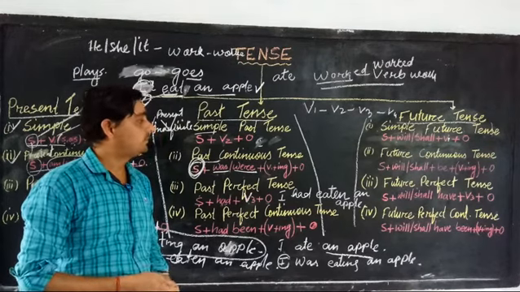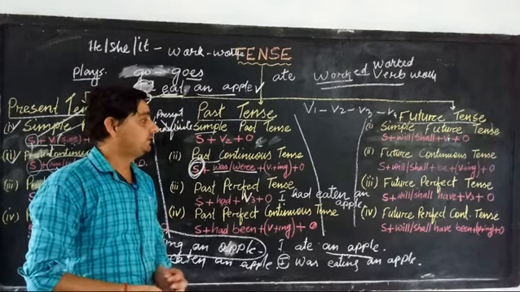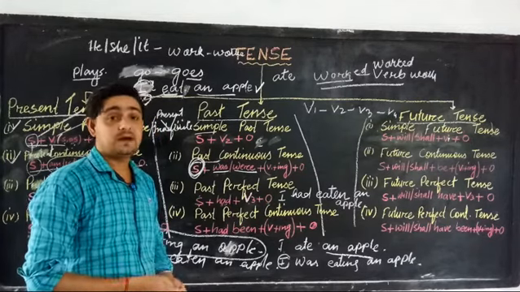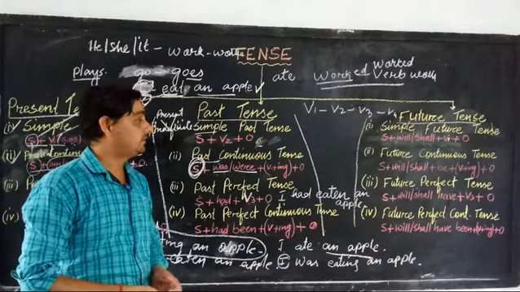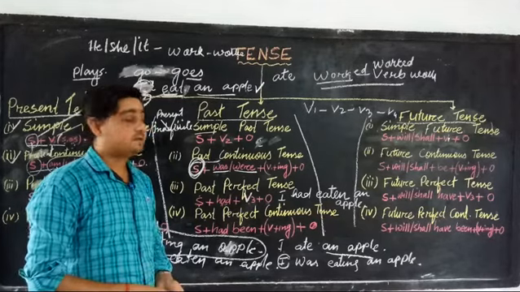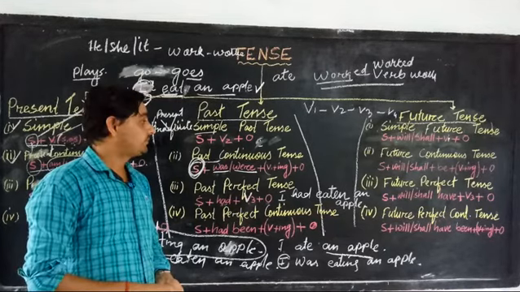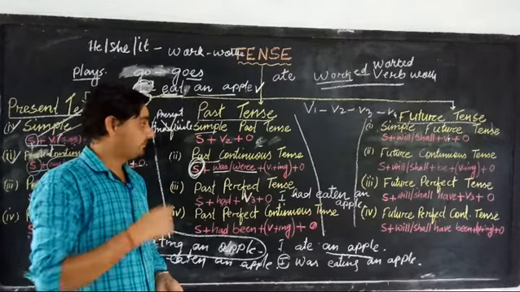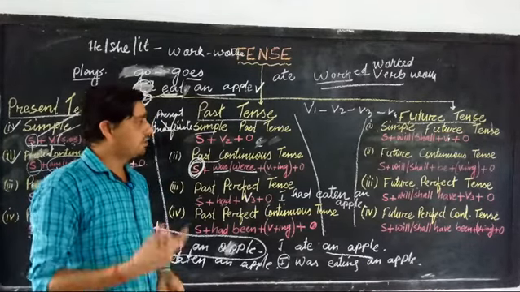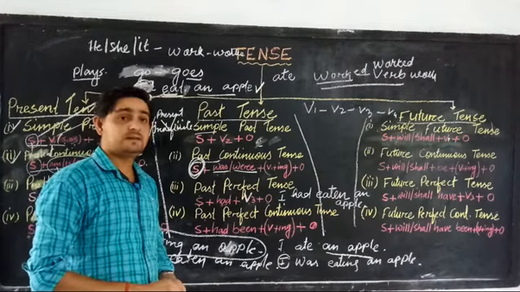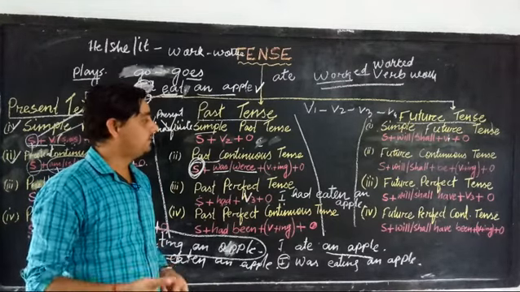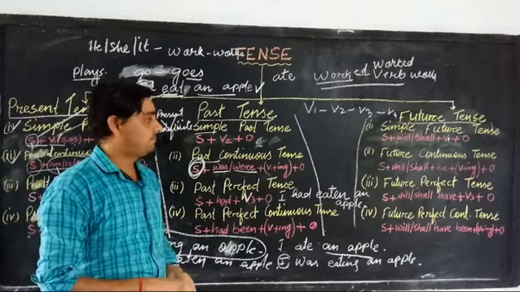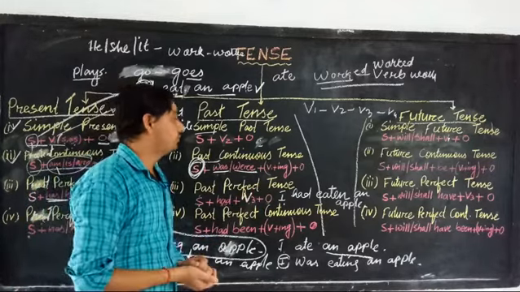I will be eating an apple. Or she shall be eating an apple. Or they will be eating an apple. Sohan will be eating an apple. Rohan will be eating an apple. Sham will be eating an apple. So this is future continuous tense.